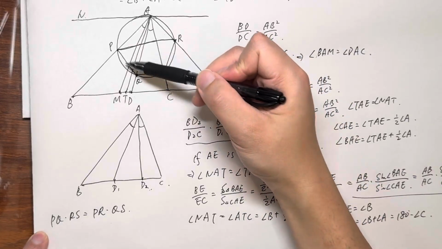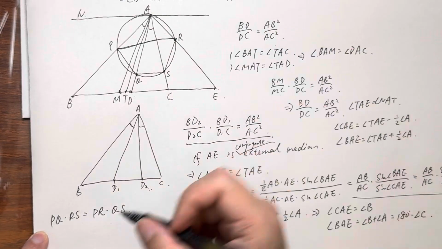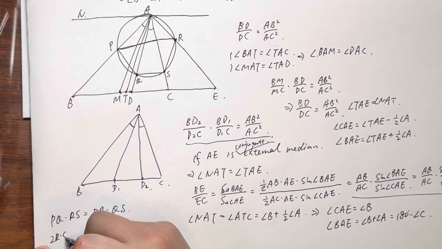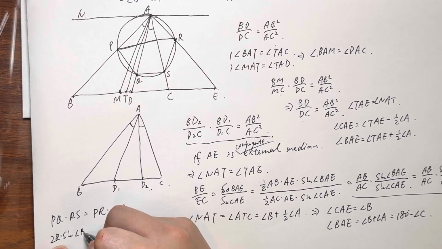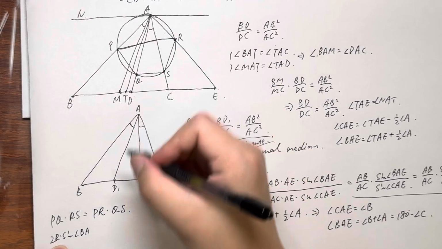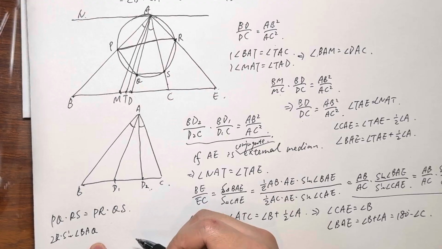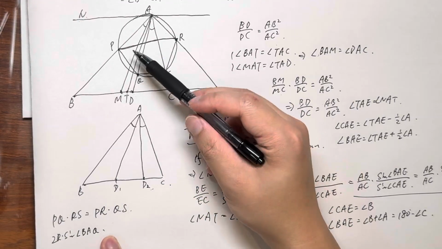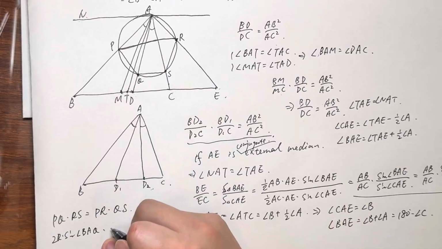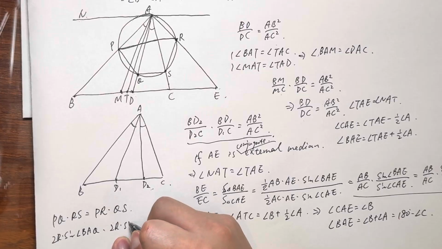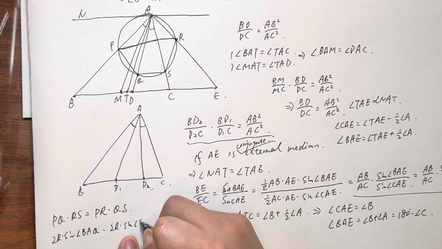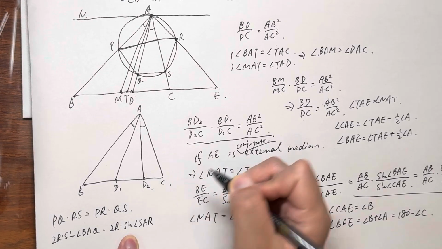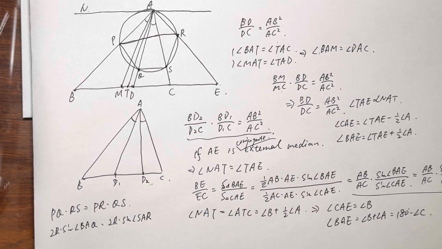And PQ can be rewritten as 2R sine angle BAQ, right? Times RS. RS can be written as 2R times sine angle SAR, right?